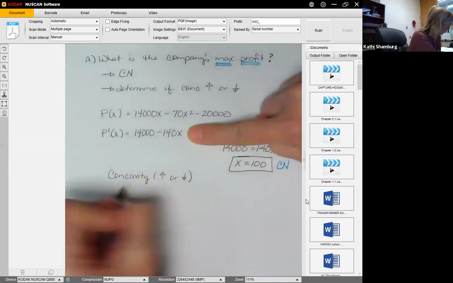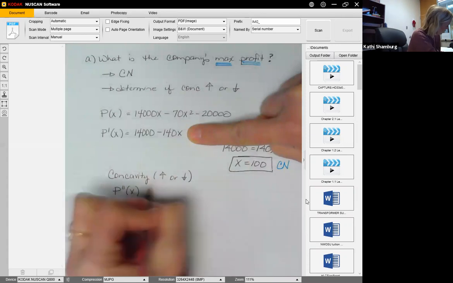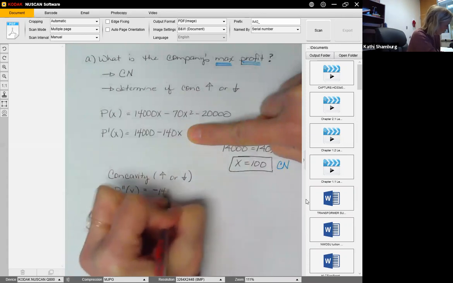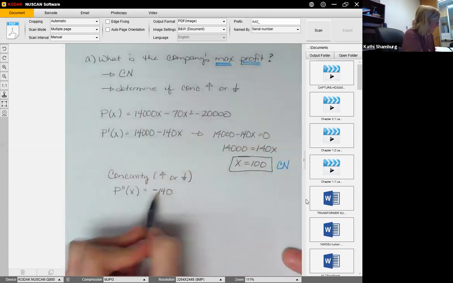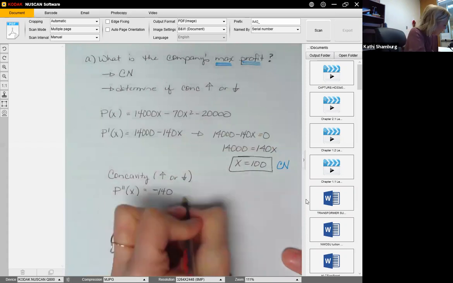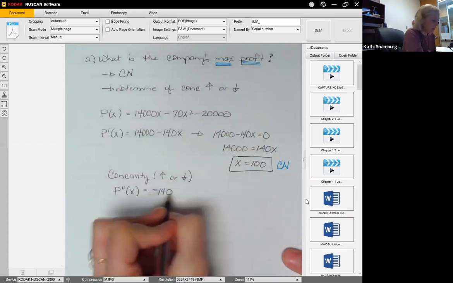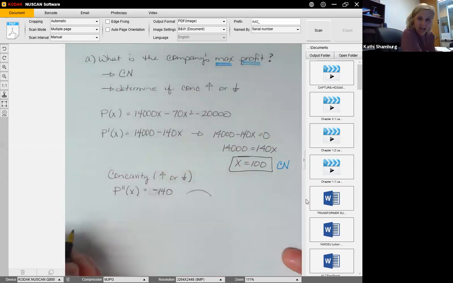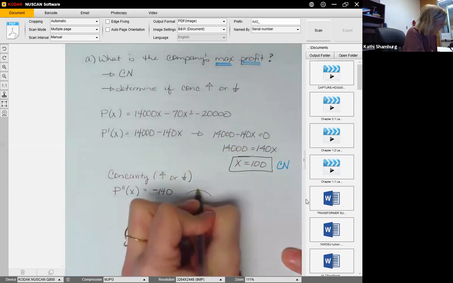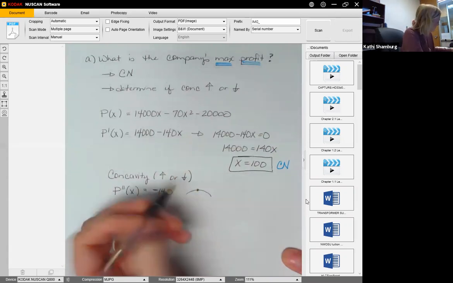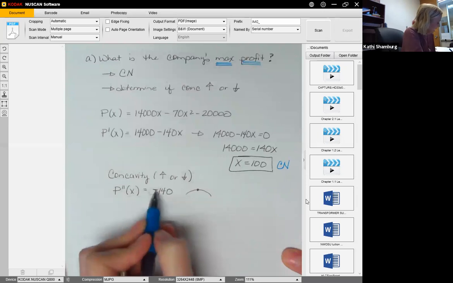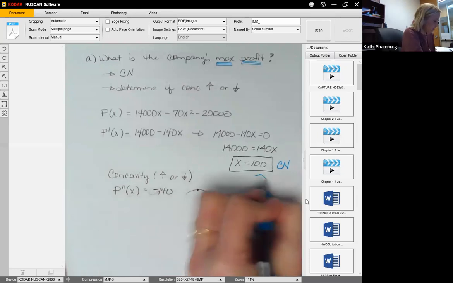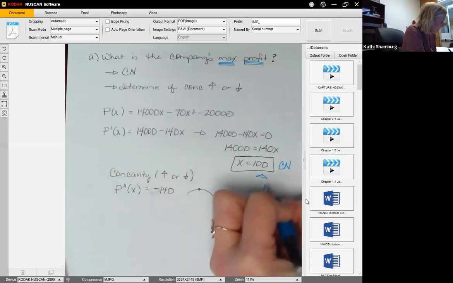So here's my first derivative, and the derivative of it equals negative 140. And since this is negative, then we know the second derivative is less than 0. So we know we have concave down, which means that we have a max. So because this is negative, we know that this is a maximum.